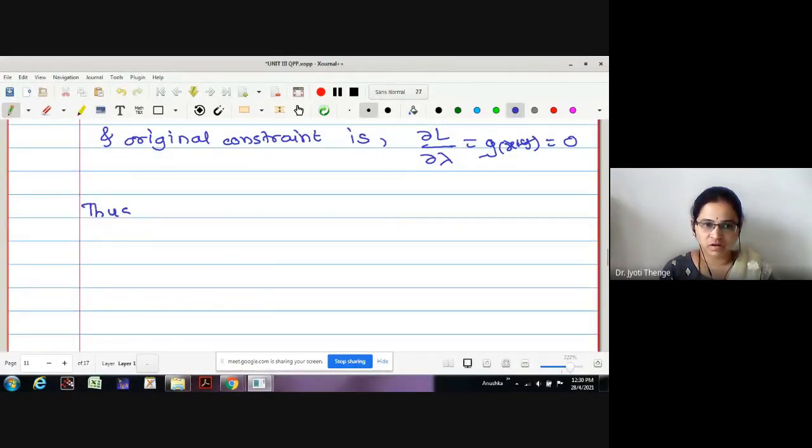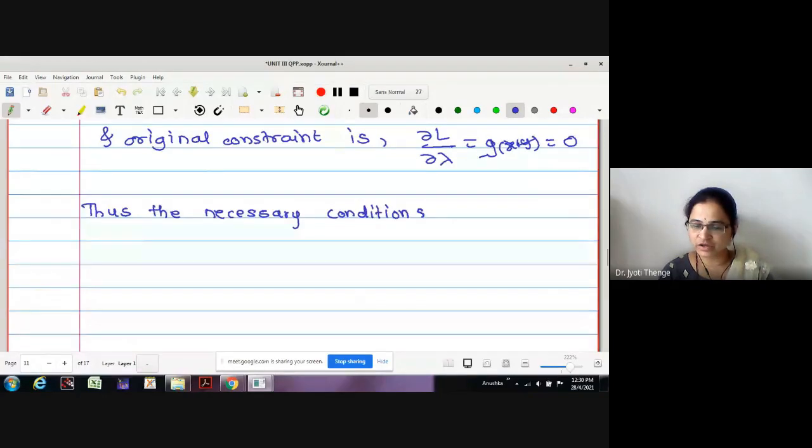Thus, the necessary conditions for an unconstrained optimum of capital L. What are the conditions actually?